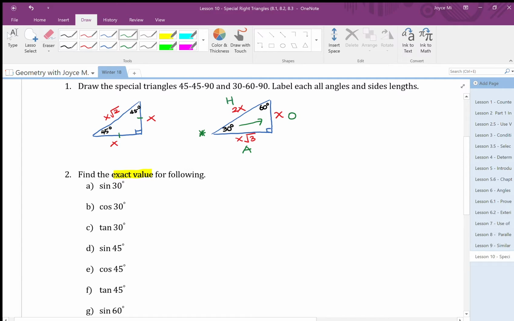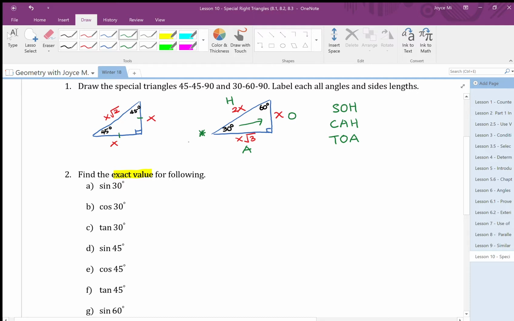To remember the trig functions, in class we often say SOH CAH TOA. SOH means sine is equal to opposite over hypotenuse, CAH, cosine is adjacent over hypotenuse, TOA, tangent is opposite over adjacent. These three functions depend on which angle you are at.